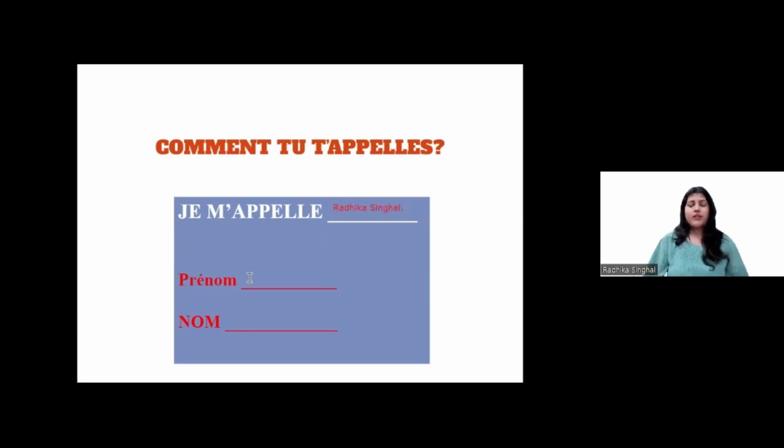But when I write it down, I'd say my prénom is Radhika and nom is SINGH. Please note, when asked separately, I wrote prénom with only the first alphabet in capital, whereas my nom is entirely capital. These are some little things that you have to know while filling out official documents in France.